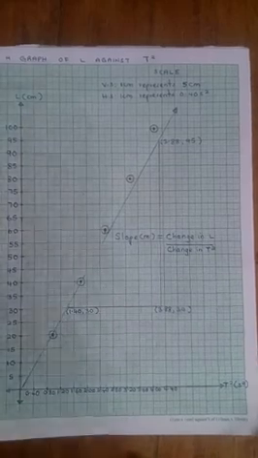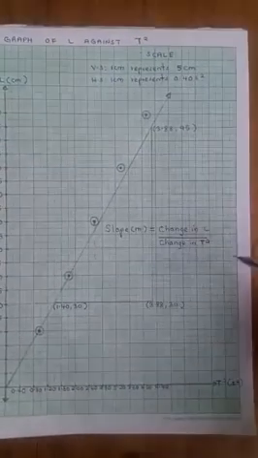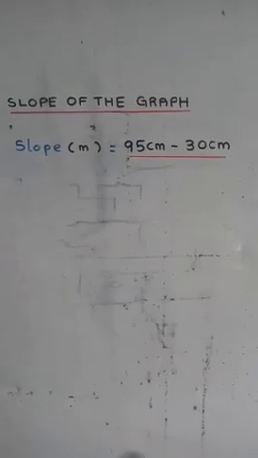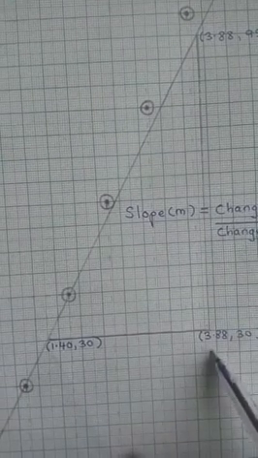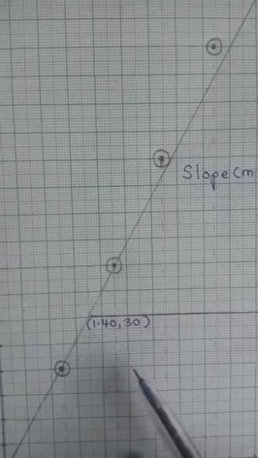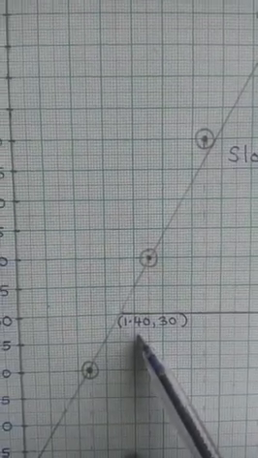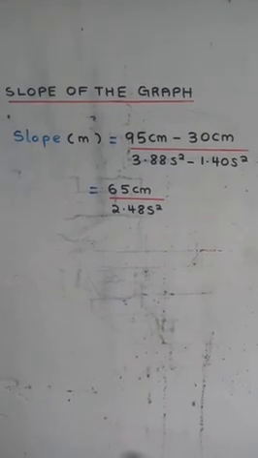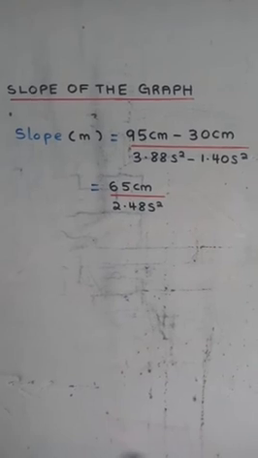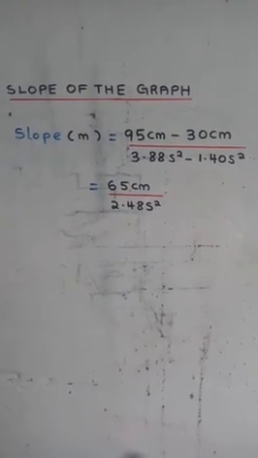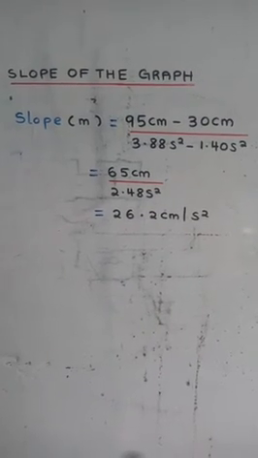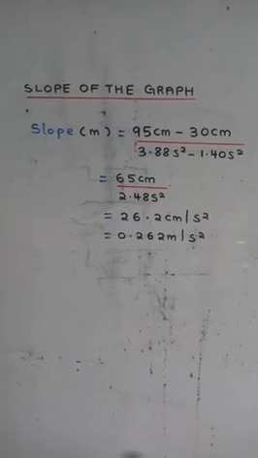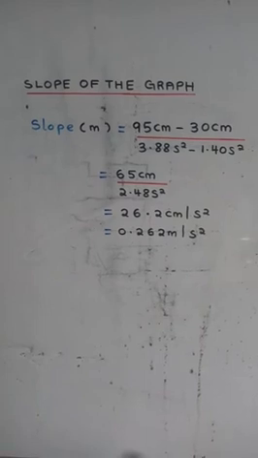Slope is equal to 95 centimeters minus 30 centimeters over 3.88 second square minus 1.40 second square, which is equal to 65 centimeters over 2.48 second square, which is equal to 26.2 centimeters per second square, which is equal to 0.262 meter per second square.